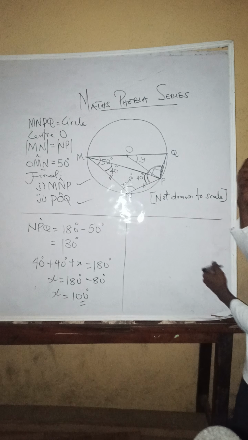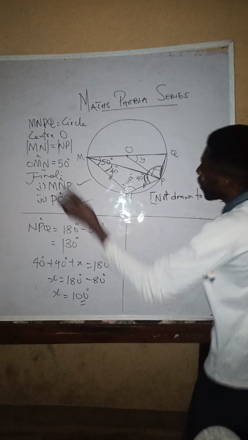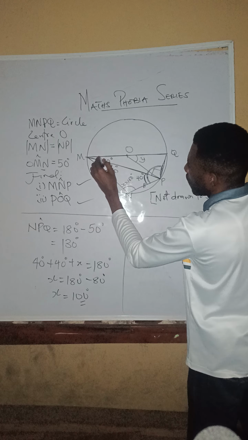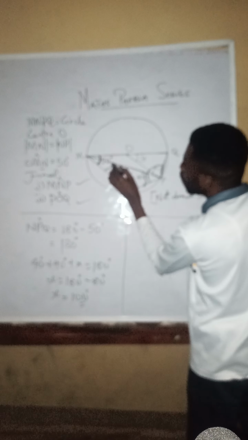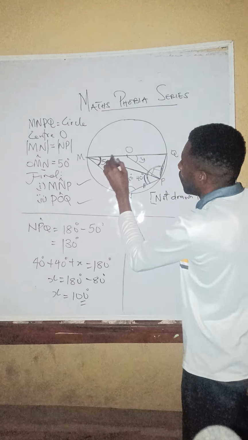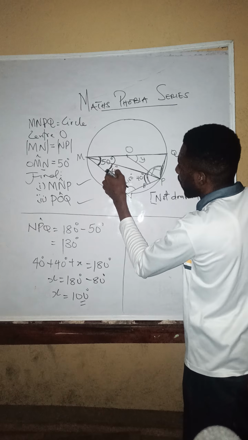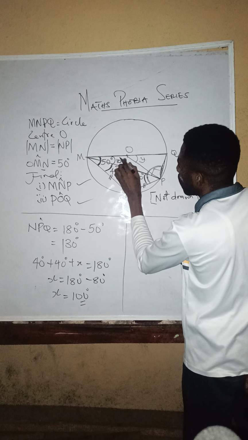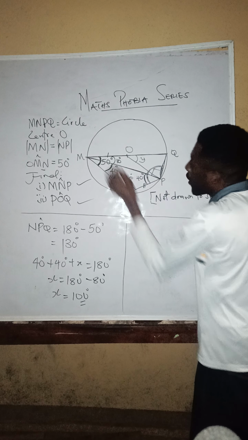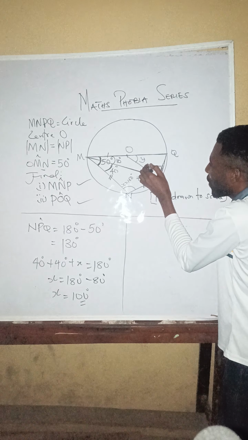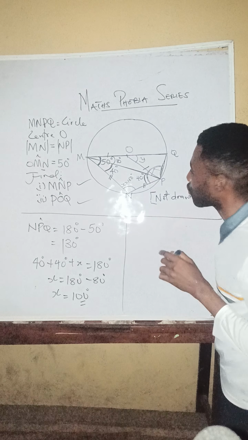POQ. How do we find POQ? Very simple, don't forget. Come back here. This whole side is 50. If this small side is 40, what does that tell you? This side is 50 minus 40, and that is 10 degrees. And because OM is a radius, and OP is a radius, can you see? Another trick.